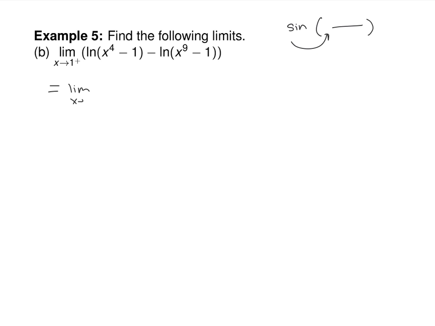I've got the limit as x goes to 1 from the right, and this is natural log of the ratio x to the 4th minus 1 over x to the 9th minus 1. That's using log rules: if I have 2 logs subtracted, it's 1 log, the log of the ratio. Now you're going to use that rule that the limit can go inside of the natural log function.